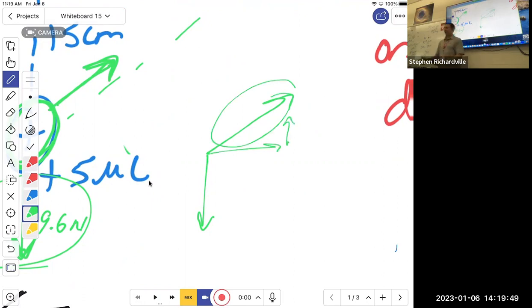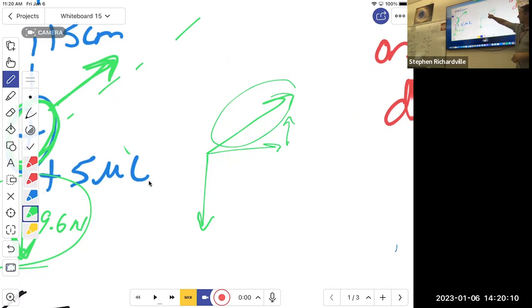Follow me. Now you could do law of sines or cosines. You could move this one, like these are tail to tail. You could maybe move this over and realize the answer is over here somewhere. But what we do in physics when we have lots of vectors at angles is to break them up into horizontal and vertical pieces. Then you can add or subtract the horizontals, add or subtract the verticals.